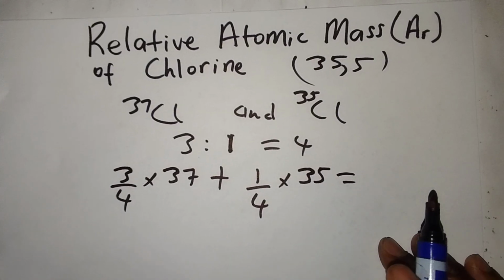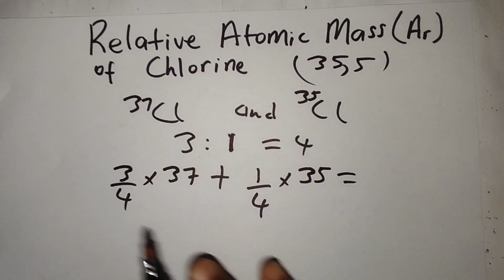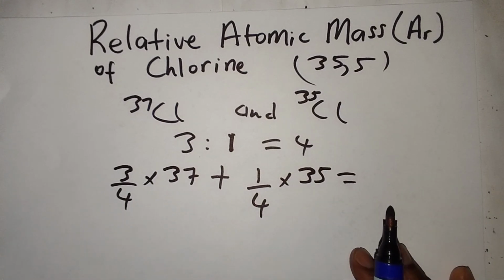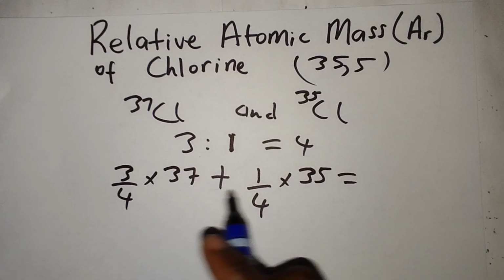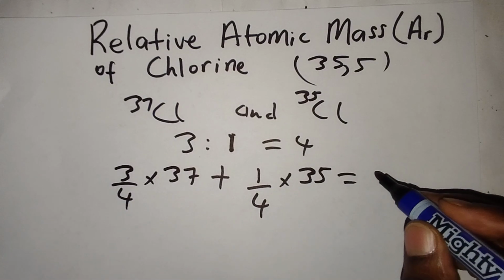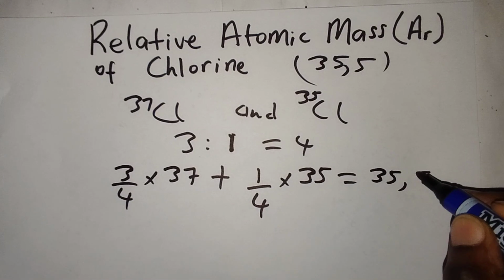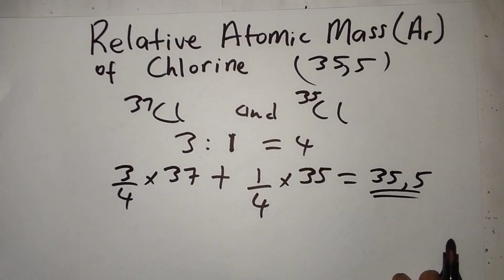If you take this working into a calculator and punch the figures as I've written here, you'll come up with 35.5 as the Ar or relative atomic mass of chlorine.